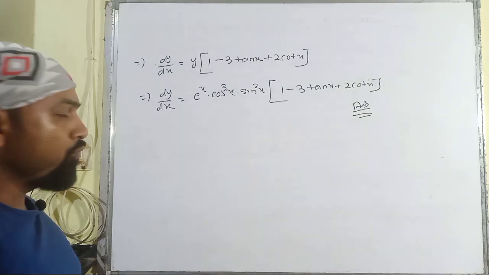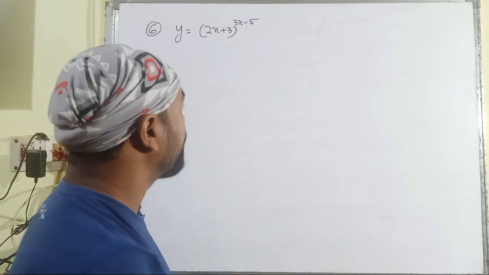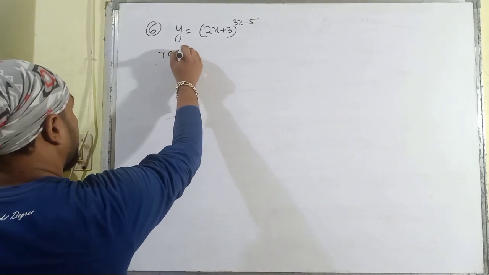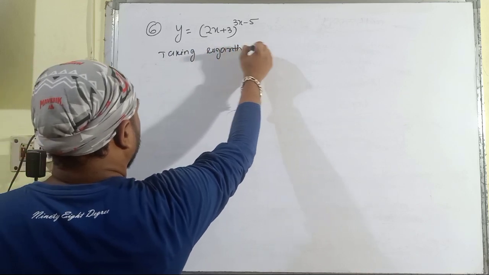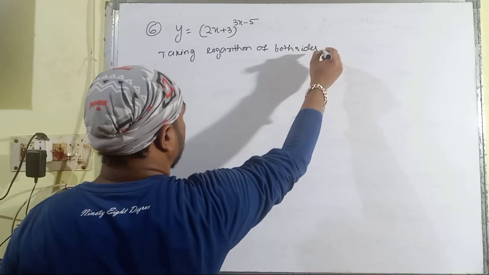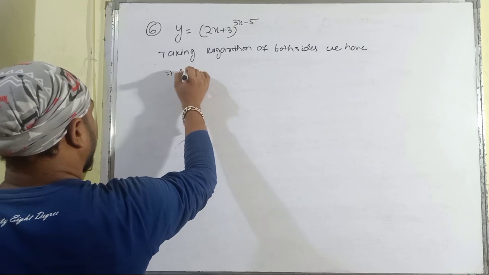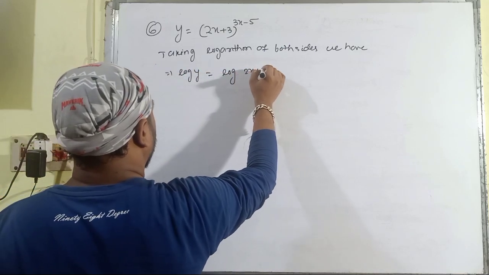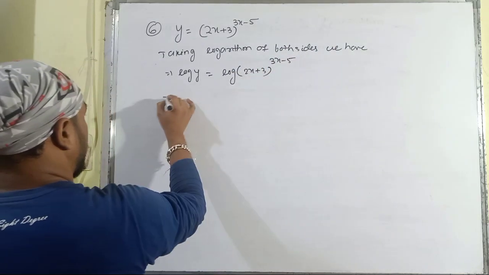Then moving towards problem number 6. Here it is, problem number 6. Taking logarithm of both sides, we have log y is equal to log (2x+3) to the power (3x−5).